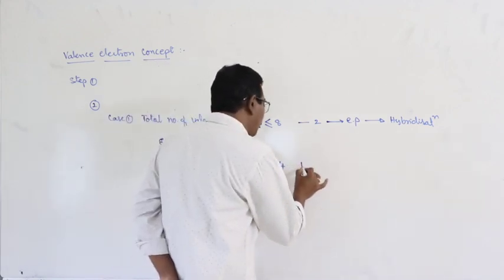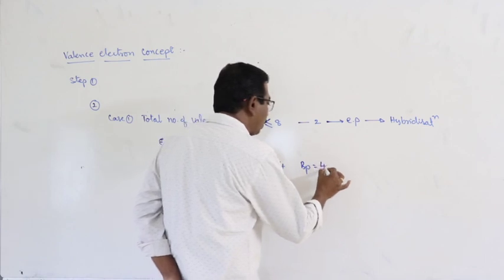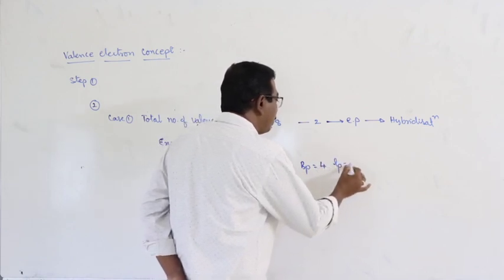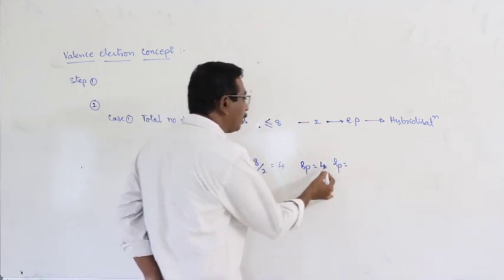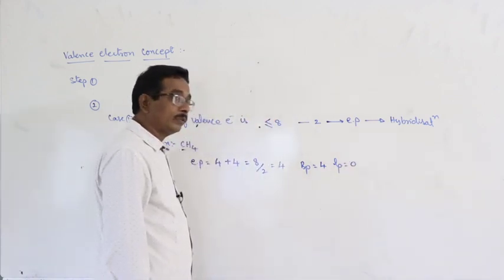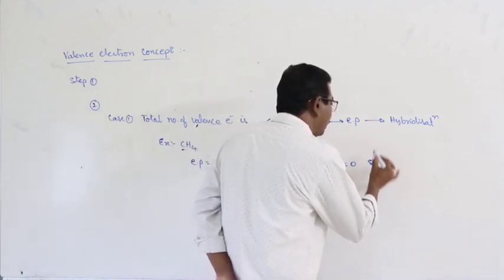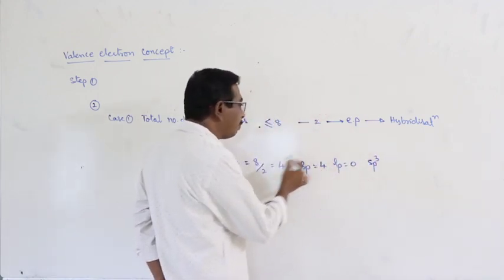Divide that number by 2, that is equal to 4. Now the number of bond pairs is equal to the number of bonded atoms, 4. Number of lone pairs is equal to number of electron pairs minus bond pairs, 0. And the type of hybridization is sp3. All the electron pairs are bond pairs.